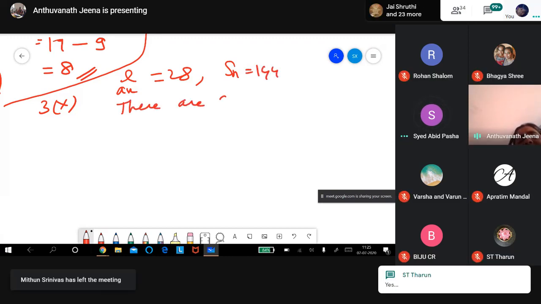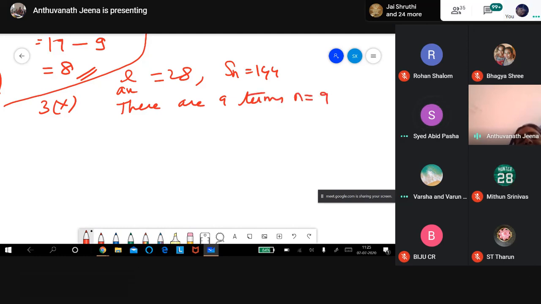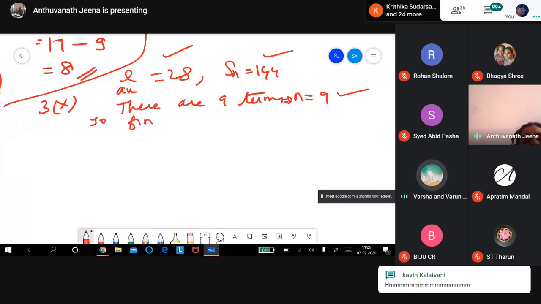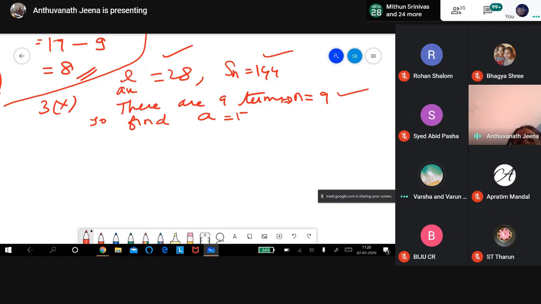That means N is equal to 9. N is given, L is given, S is given. Listen to what all is given. Now what is asked? What to find? Find A. A means first term, I should calculate.